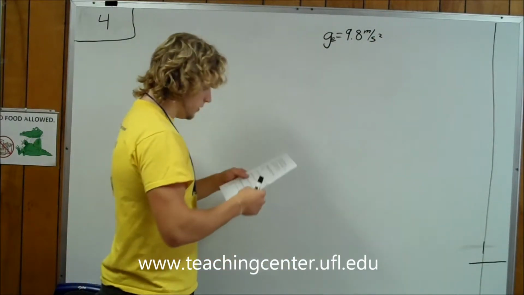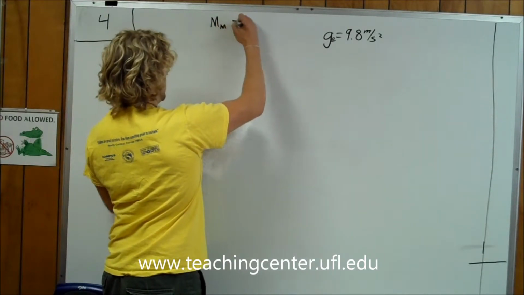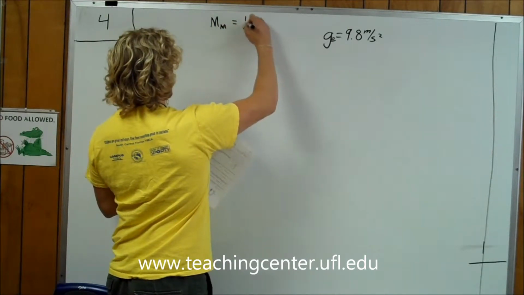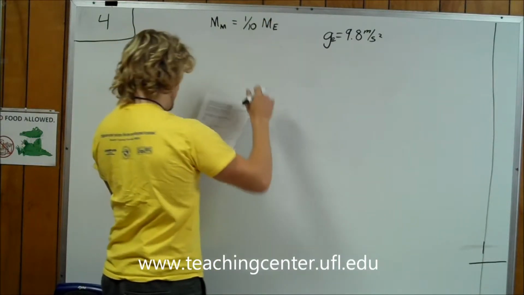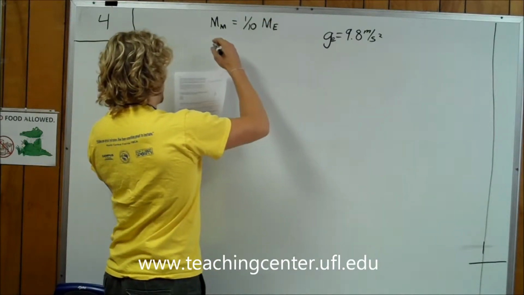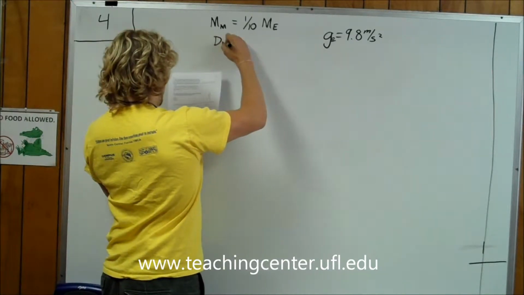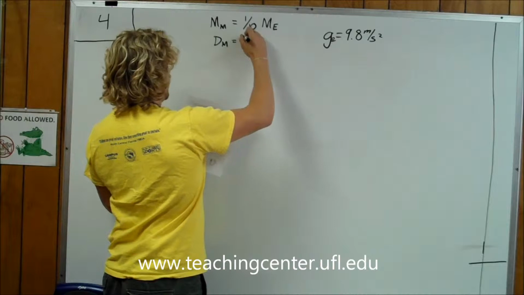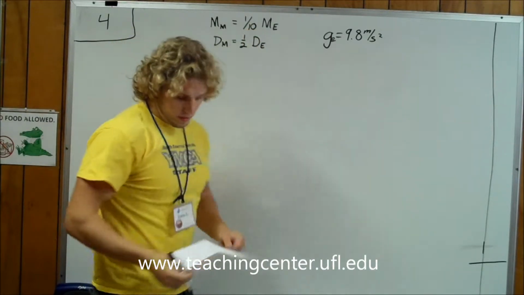So, we know that the mass of Mars is equal to 1/10 the mass of Earth, right? And the diameter of Mars is equal to 1/2 the diameter of Earth.